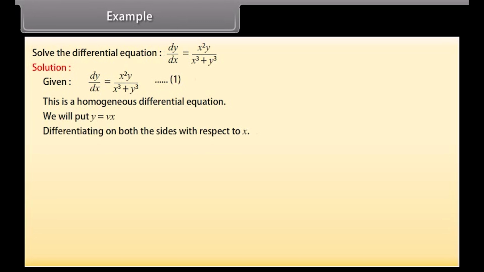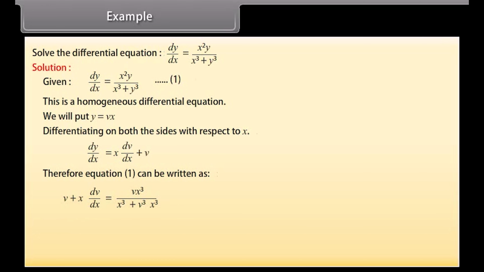Differentiating on both sides with respect to x, dy by dx equals x into dv by dx plus v. Therefore, equation 1 can be written as v plus x into dv by dx equals (v x cube) by (x cube plus v cube x cube).